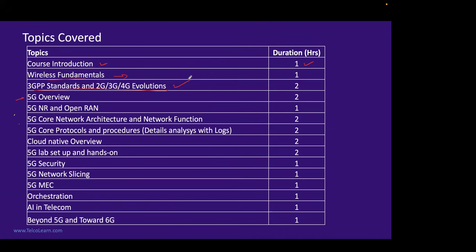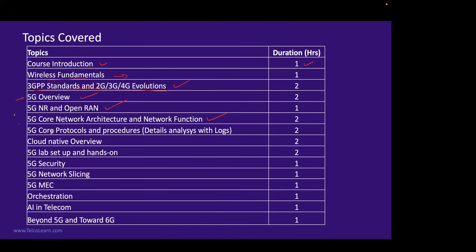Then we start our 5G overview discussion, covering the principles and the motivation behind 5G, and a quick session on 5G NR and Open RAN, which is not going to be a detailed session. And then we jump on to the complete detail of the 5G core network architecture and the network functions around it.